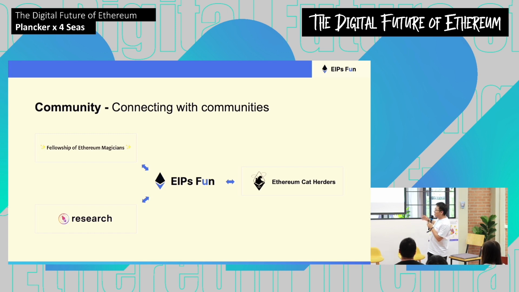And we can put the interview videos from Ethereum Cat Herders with authors on the details page. Also, we can put the events in the newsletter so people will know where to go to find the latest information and join the discussion in the EIP editor meetings.